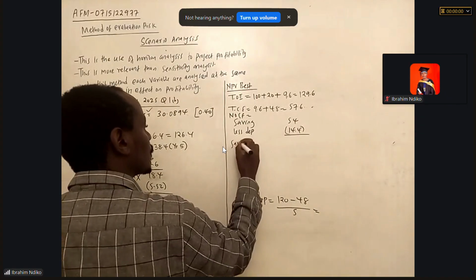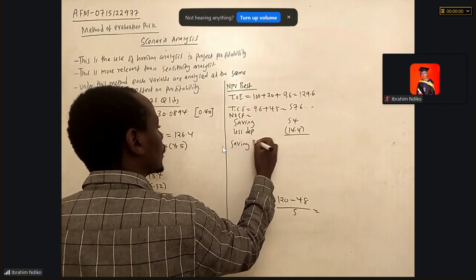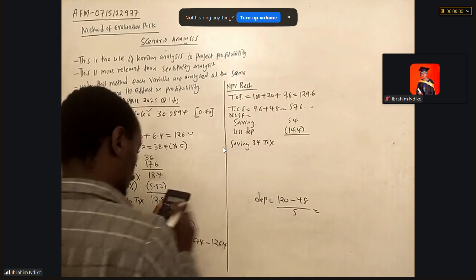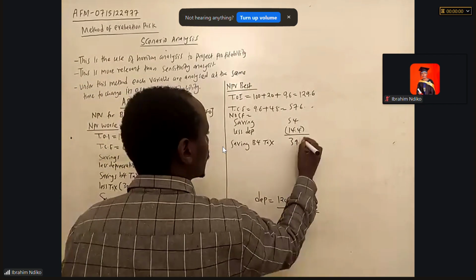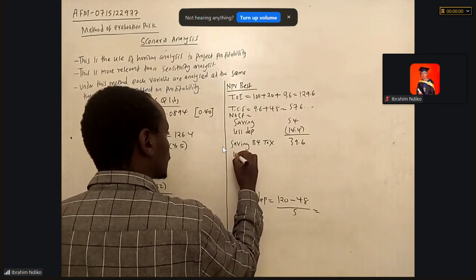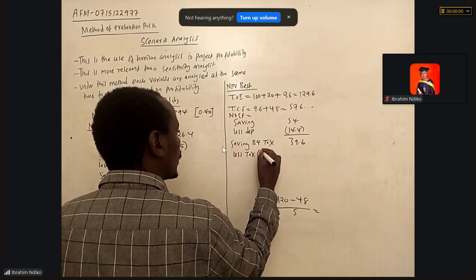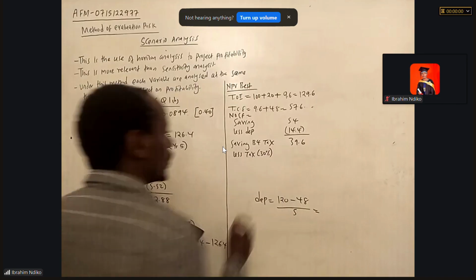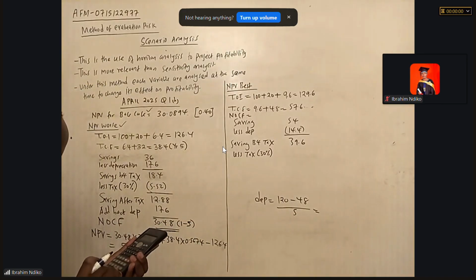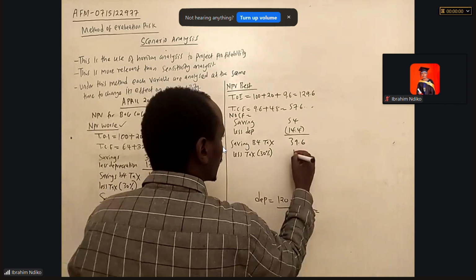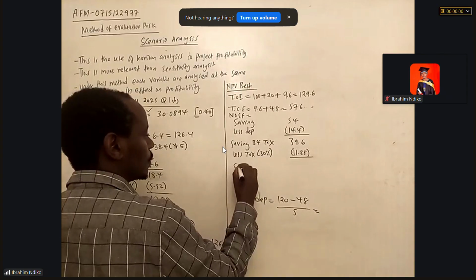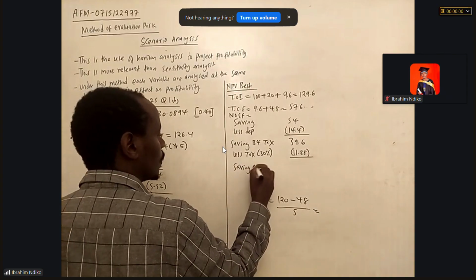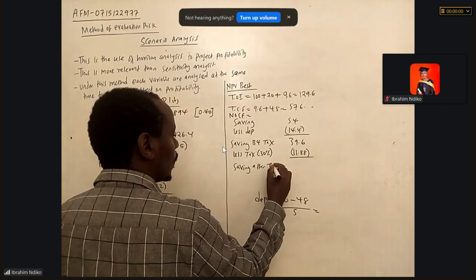So savings before tax, minus depreciation, is 9.6. Then you get tax at 30%. It is 11.88. We get savings after tax.